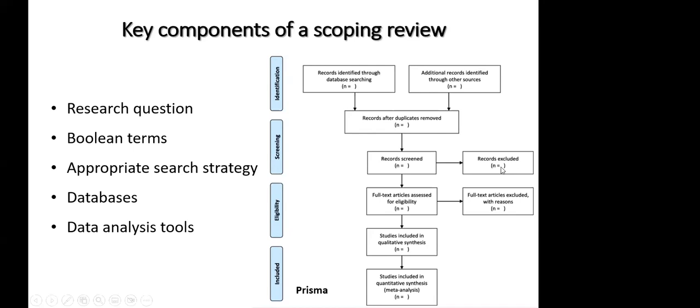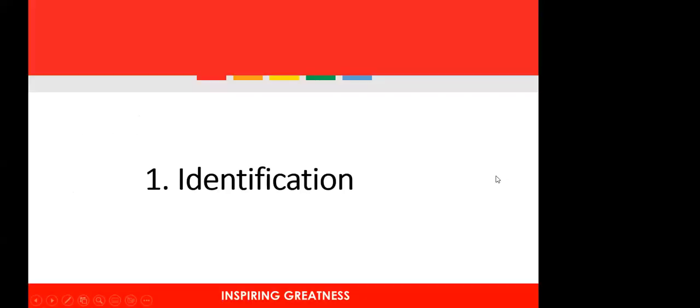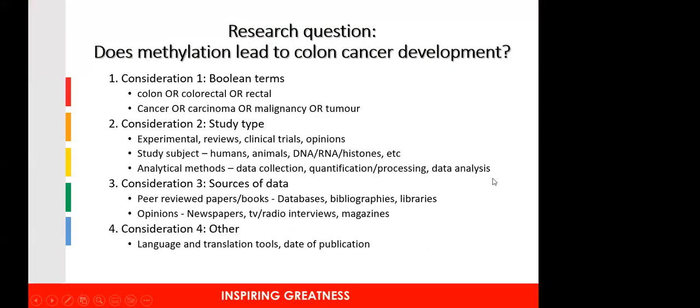So first, we start with the identification. So identification is basically what is our research question? What are we trying to answer, and where are we going to start? How are we going to identify the papers that we want to include in our study?